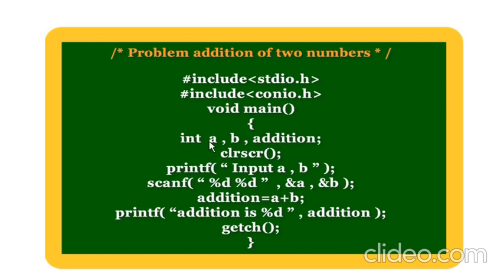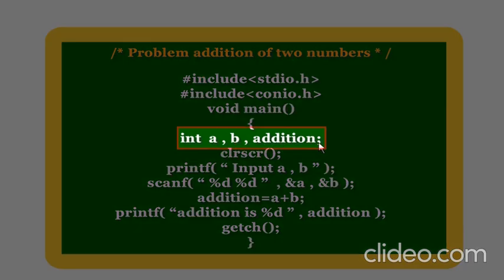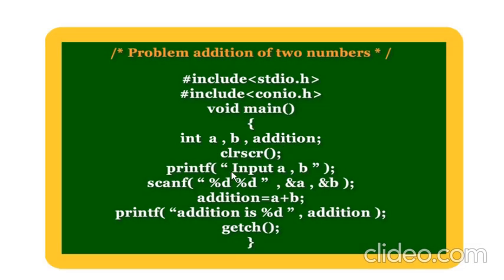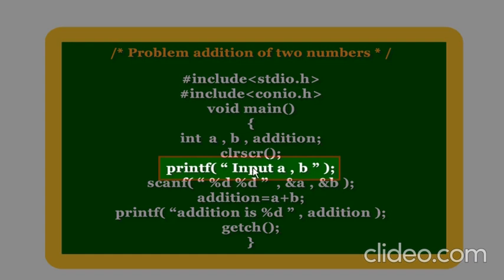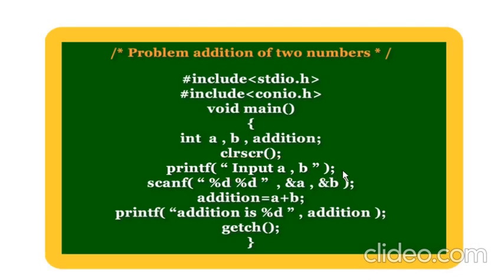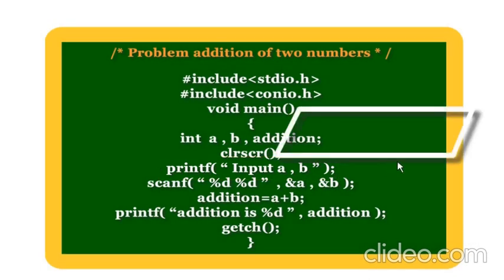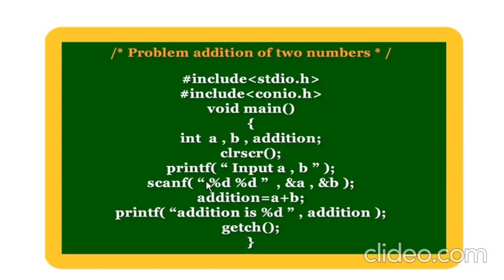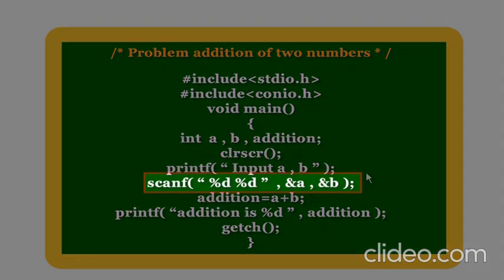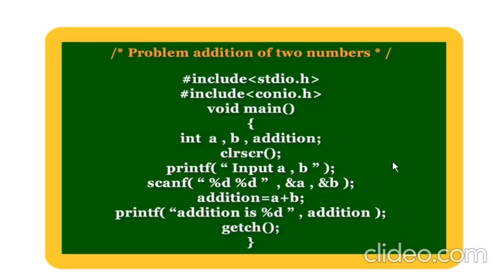After starting, we declare three variables: int a, b, and addition. In printf we say input a, b, and here we have to use the square symbol. In the next step we use the scanf function for receiving input. So the same symbol is used for input and output.